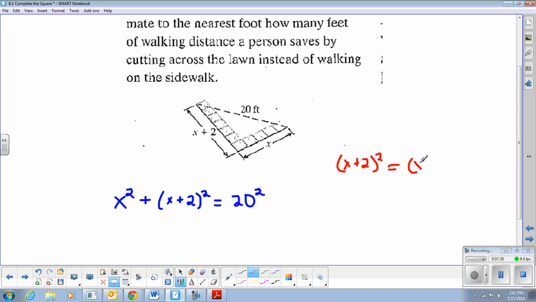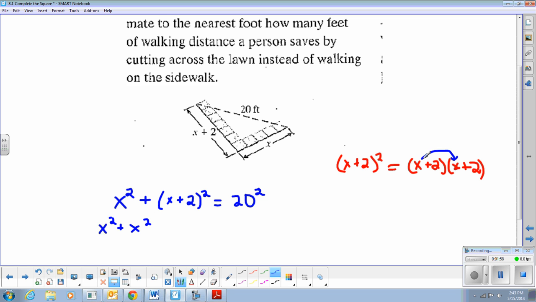It's x plus 2 times x plus 2, and that will create a perfect square trinomial. So let's multiply this over here and find out what we get. First I'm going to copy down the original x squared that I have. Now I'm going to do x squared. So x times x gives me another x squared.